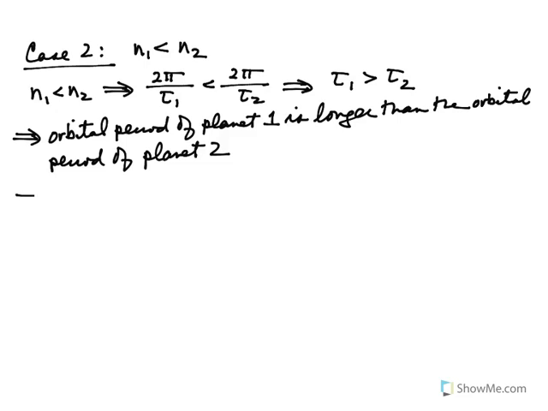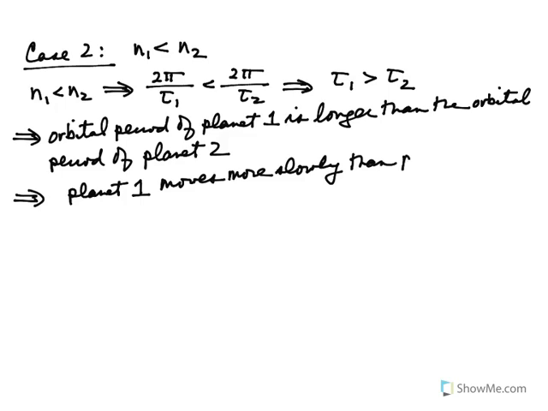So that means that planet 1 moves more slowly than planet 2.